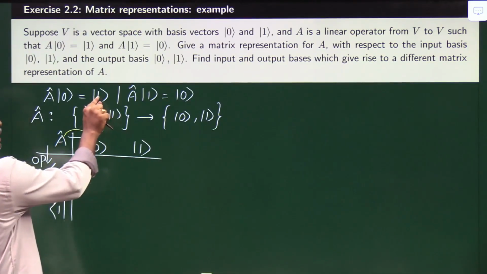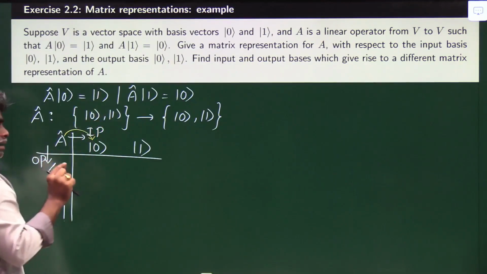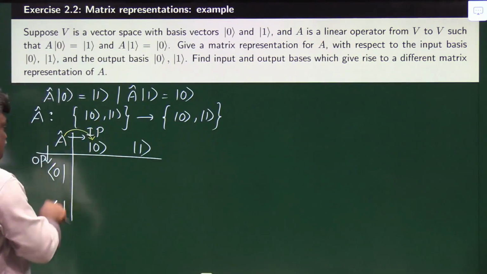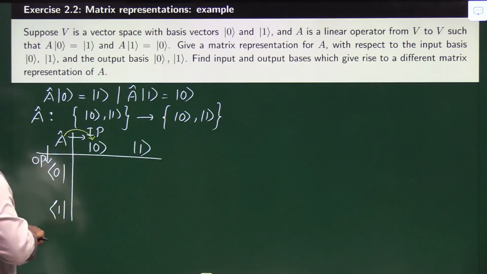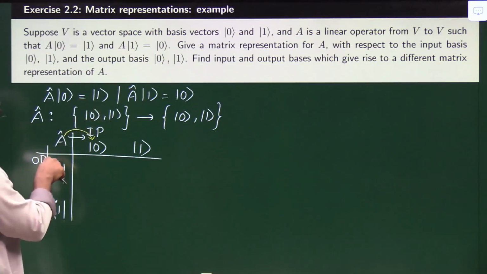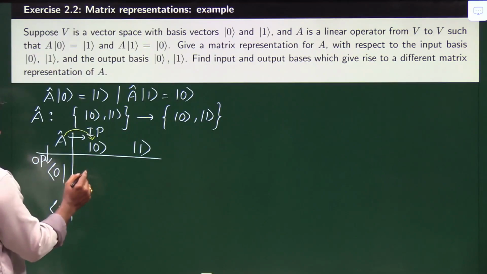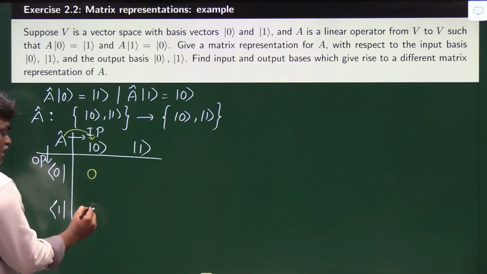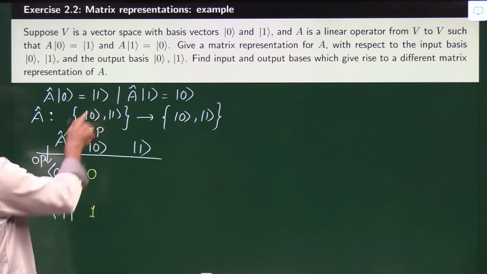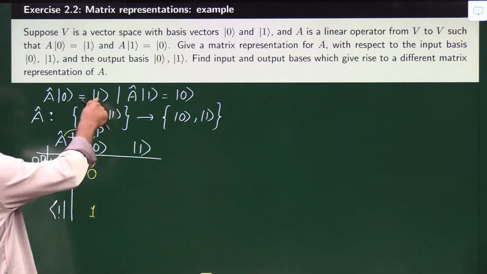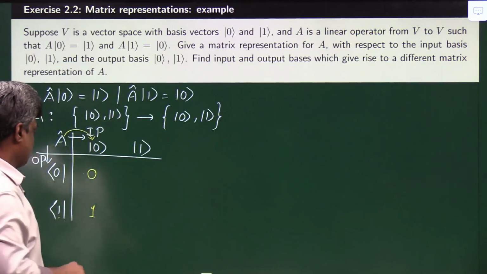Whatever you get, you make the inner product with the output basis. If you make the inner product with this output basis, here you will get 0, here you will get 1, because the inner product of bra 1 and ket 1 is equal to 1.